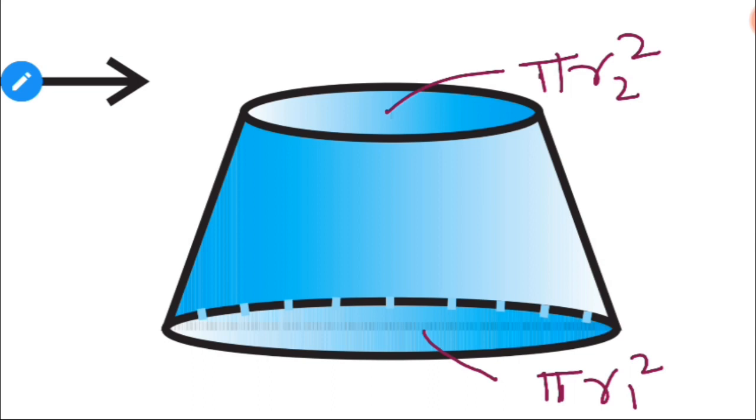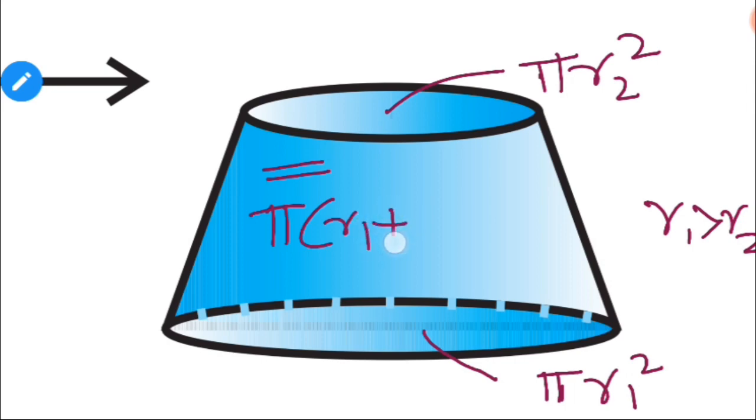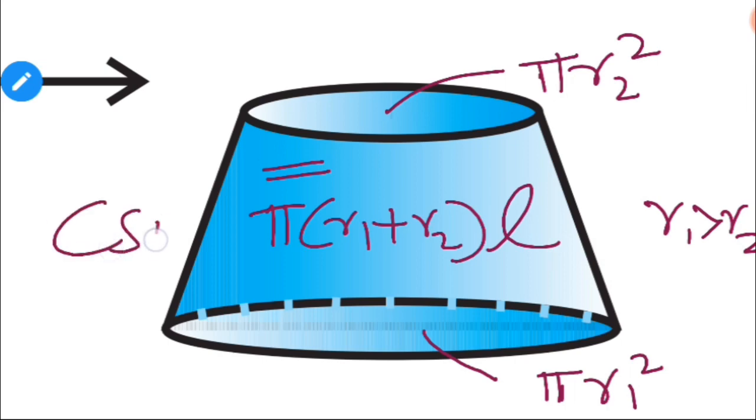Just note R1 is always greater than R2. And this is the curved surface area. What is CSA?